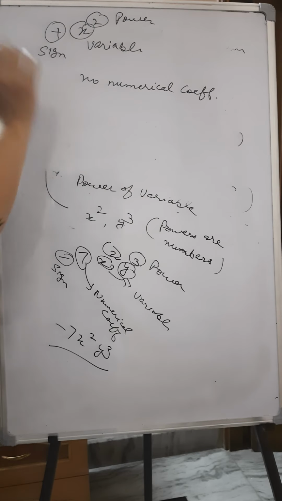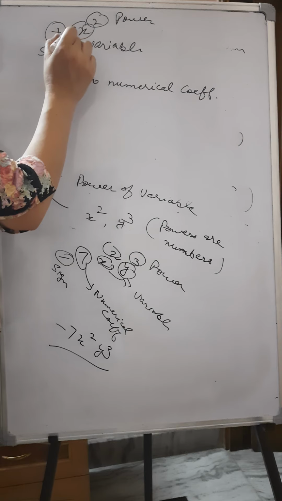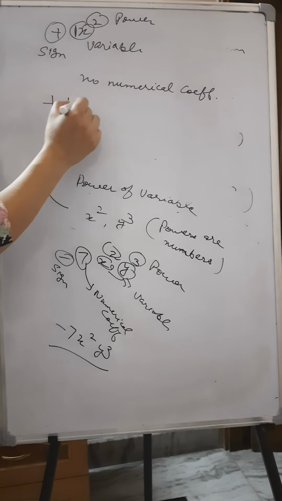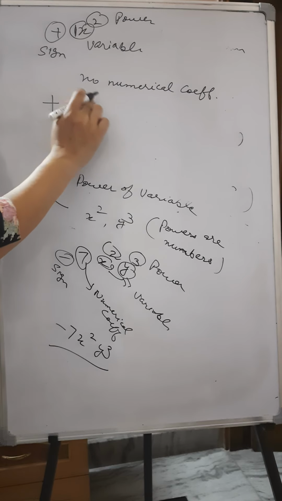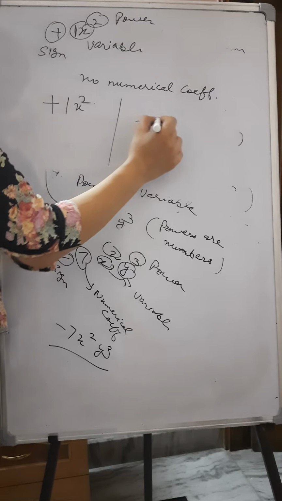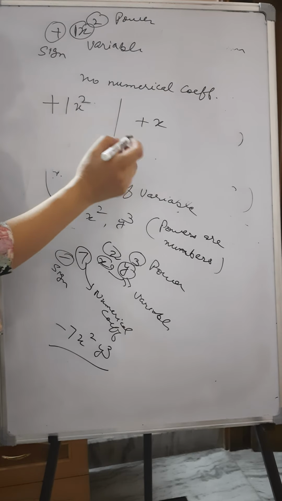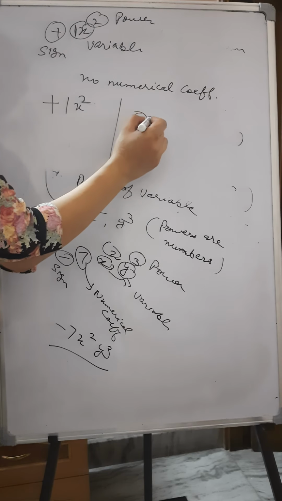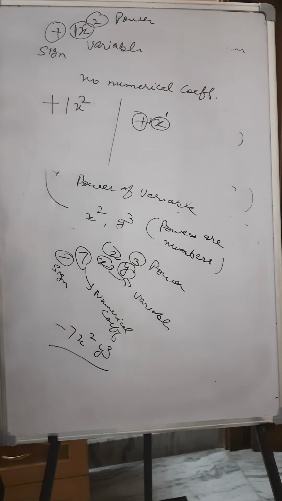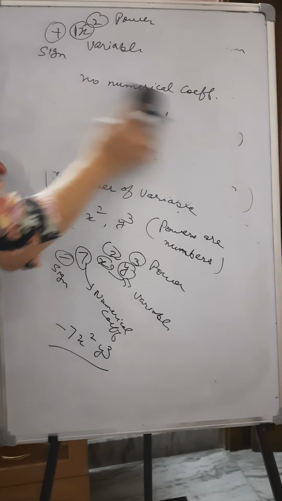No, this is a complete term. Where there is no numerical coefficient, you should take it as 1. So this is plus 1x square. In the same way, if you have plus x, this is also a term. Plus is the sign, 1 is the coefficient, x is the variable, its power is also 1. So plus 1x to the power 1 is a term.